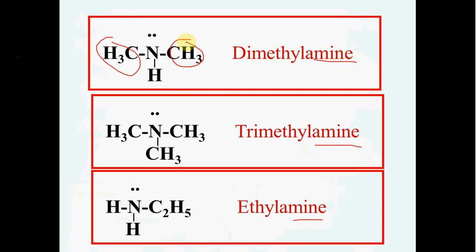Dimethylamine has 2 methyl groups. Trimethylamine, 3 methyl groups. Ethylamine would have an ethyl group, 2 carbons. So you're not really going to have to draw the structures of these at this point. Just recognize that they all behave like the simple weak base ammonia, even though their structures are a little more convoluted.